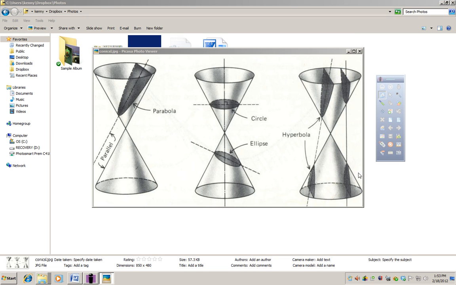We'll mostly be talking about this type of hyperbola. So the four types of conic sections we're going to be talking about are the parabola, circle, ellipse, and hyperbola. Okay? And today we're going to be talking mostly about parabolas.